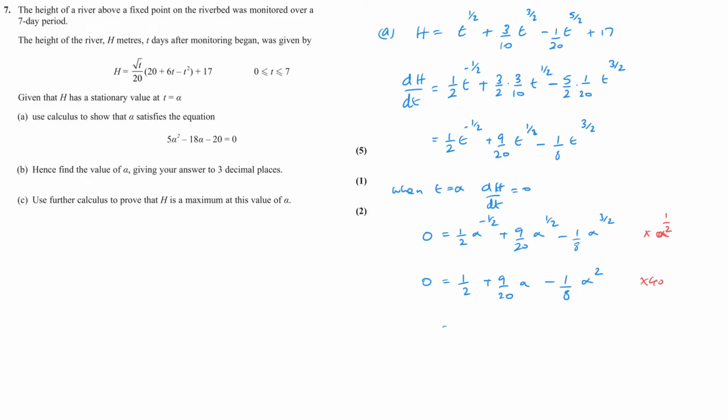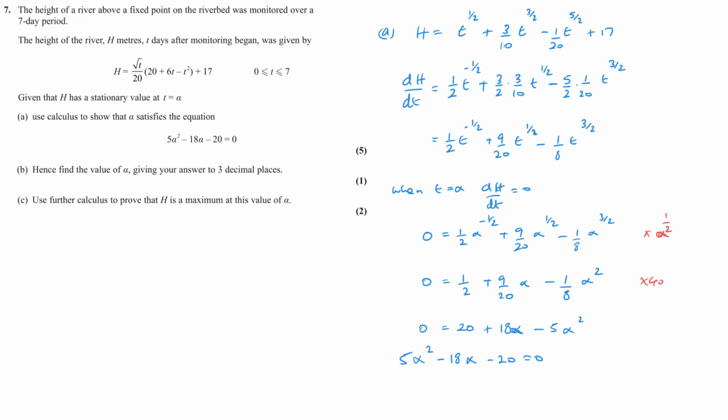So multiply by 40, we get 20 plus 18 alpha minus 5 alpha squared, and then take it over to the other side. So 5 alpha squared minus 18 alpha minus 20 equals 0, and that is what we required there.